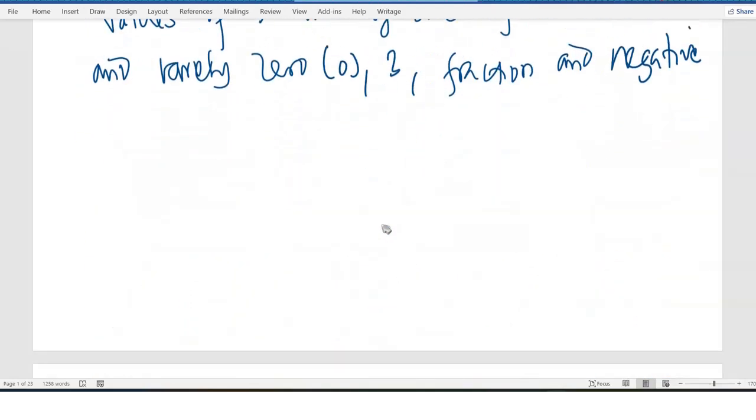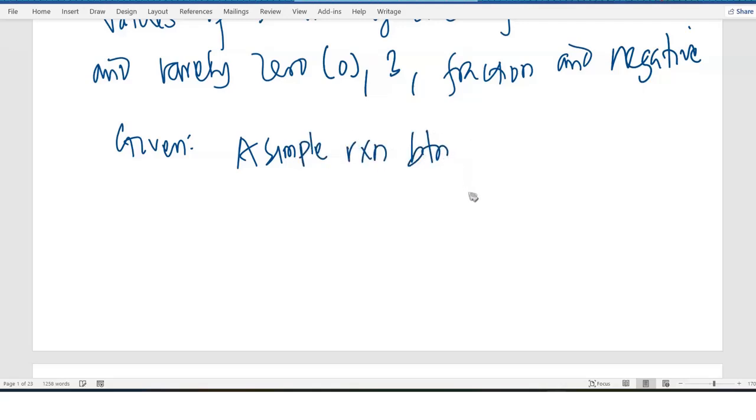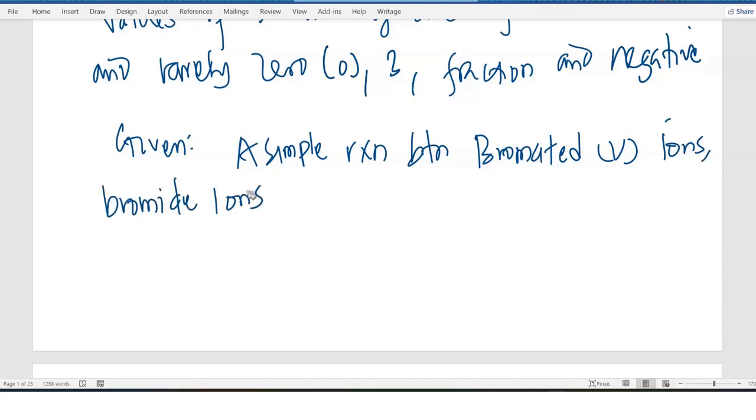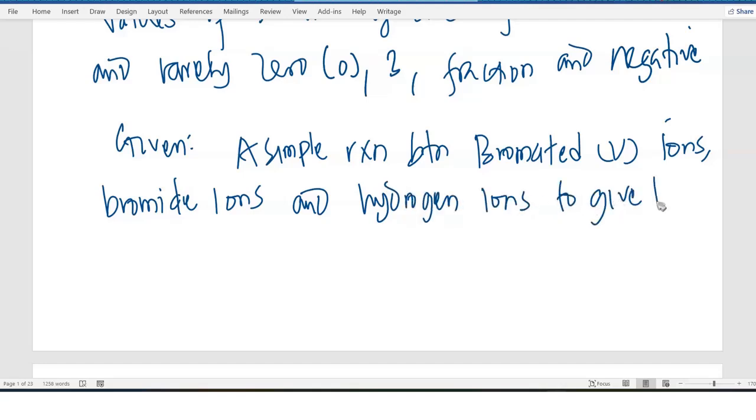So let's look at a simple reaction between bromate(V) ions, bromide ions and hydrogen ions to give bromine. Now, the equation for the reaction is as follows.